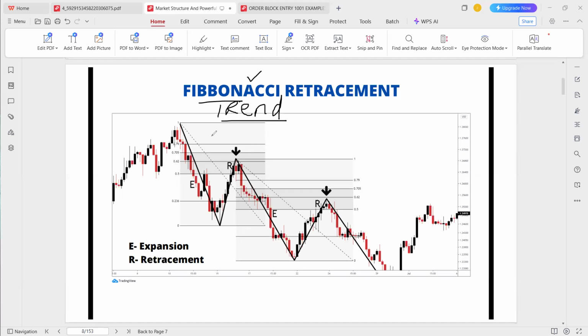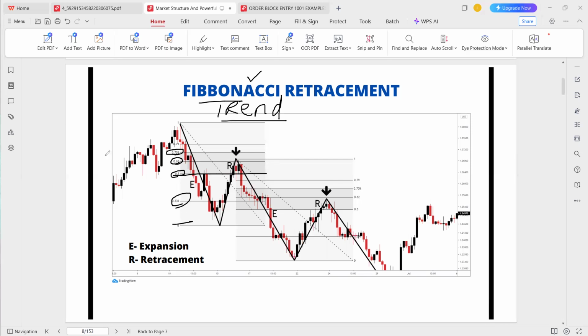When we get to our platform, I'm going to show you how you locate the tool and how you can change the parameters which you see here, which are 0.705, 0.62, 0.5, which is usually the halfway, 0.23 and 0.